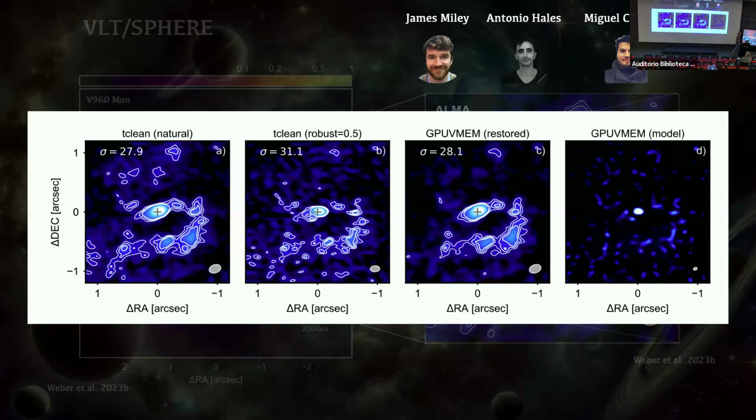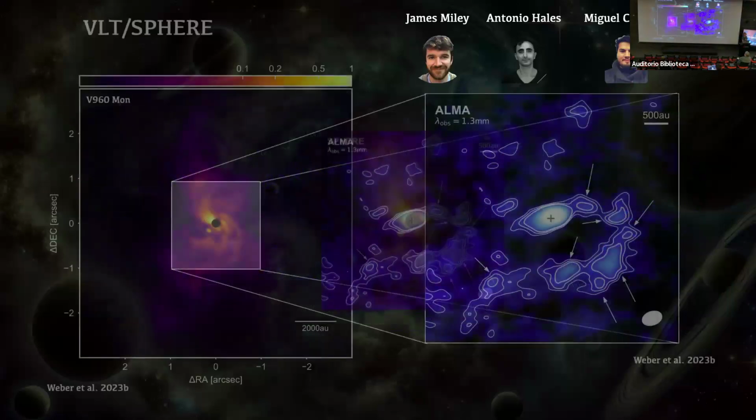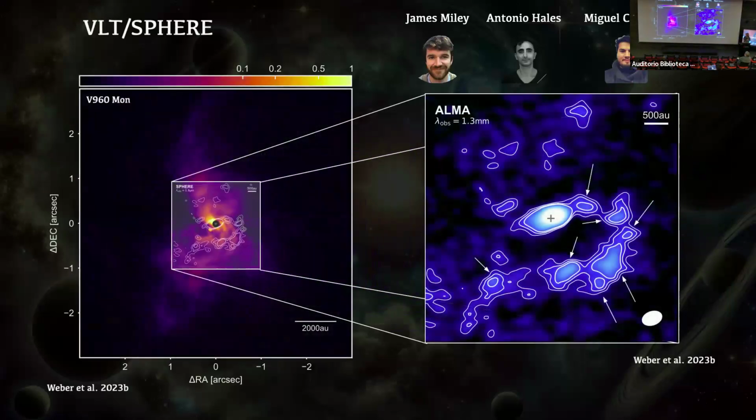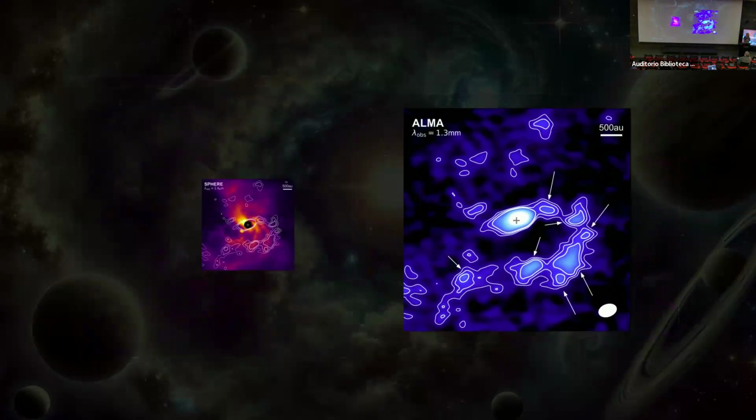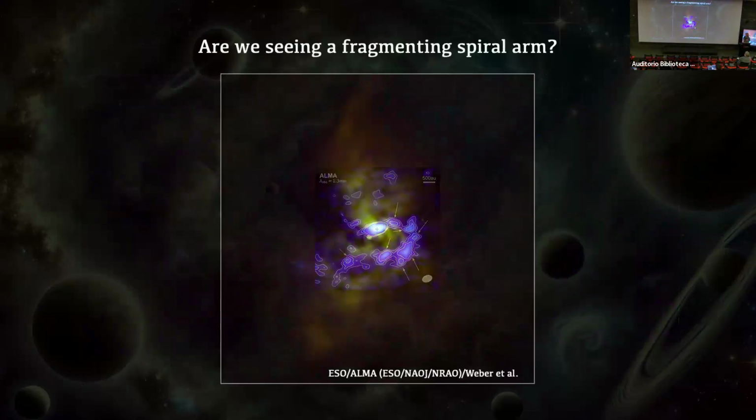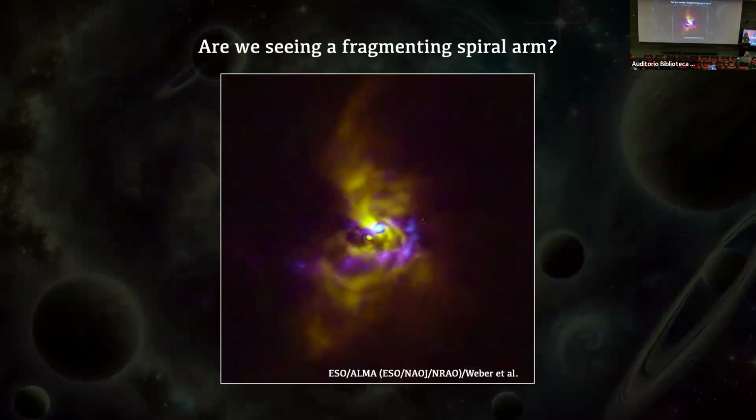So we're quite confident that this is not some artificial signal, but actually real. It does not depend on the data reduction method. And then we can go back and compare it, and we see that it overlaps with the spirals that we see in the scattered light.